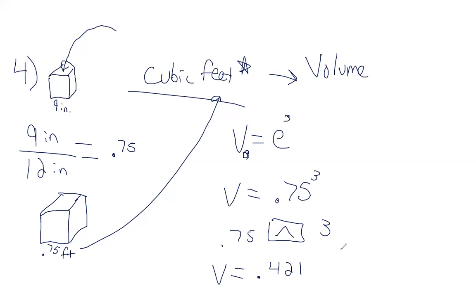Okay, so the volume is 0.421, or let's say we said round to the nearest hundredth, so it would be 0.42 cubic feet. All right, so that is problem 4.